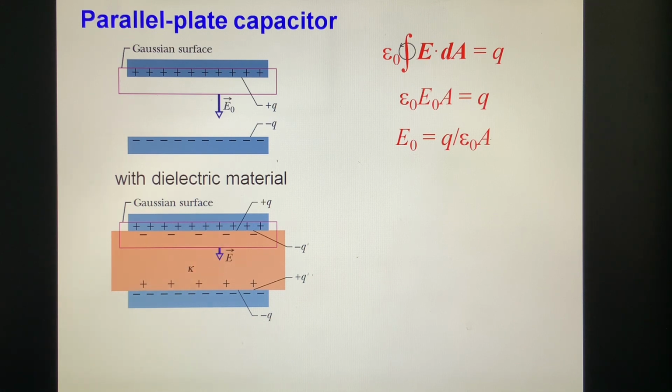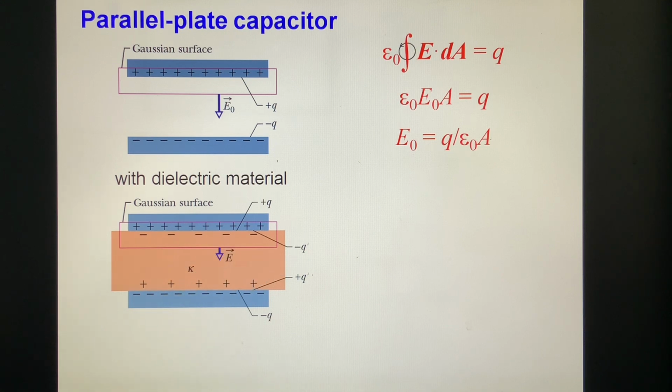What we do, similar to this case, is make a Gauss surface as a box. The top surface is in the plate, where E equals 0. And the bottom surface passes through the point in concern.